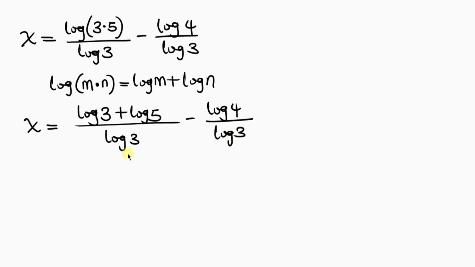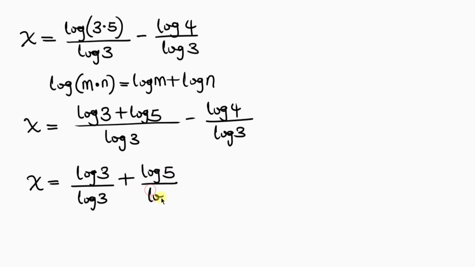Now we need to separate this fraction. So x will then be log 3 divided by the denominator log 3, plus, this is log 5 divided by the denominator log 3, minus, this is log 4 divided by log 3.